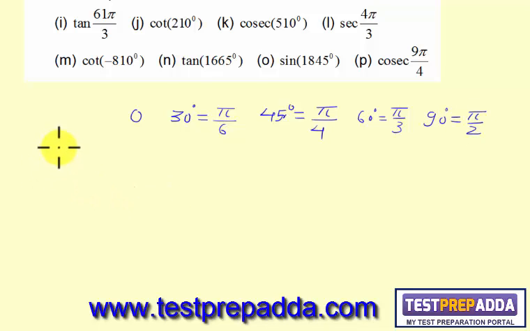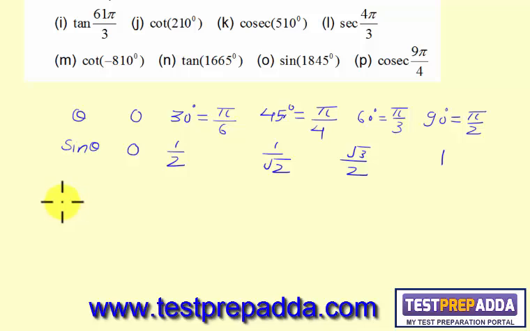For example, if I talk about sine, if the angle is theta and you write sine theta, then sine 0 is basically 0. Sine pi by 6 or sine 30 is half. Sine 45 is 1 by root 2. Sine 60 degree or sine pi by 3 is root 3 by 2.